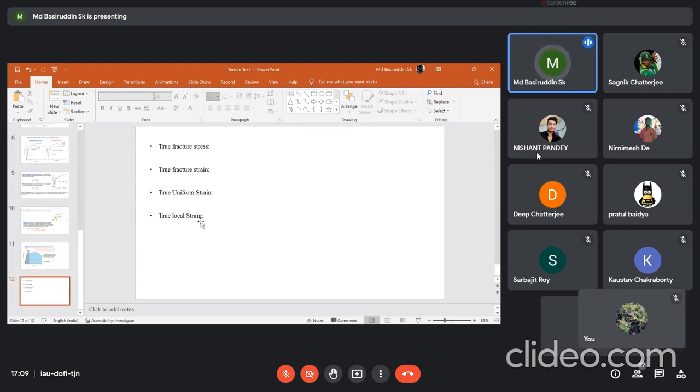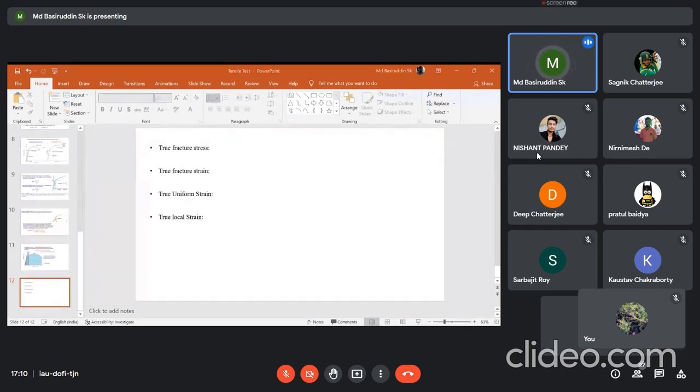Now the true local strain, that means the strain level from UTS to the fracture, if you want to calculate that instantaneous strain component, then of course you can use the true local strain equation, ln AU by AF. That means the cross-sectional area at the UTS level with the cross-sectional area at the fracture strain level.